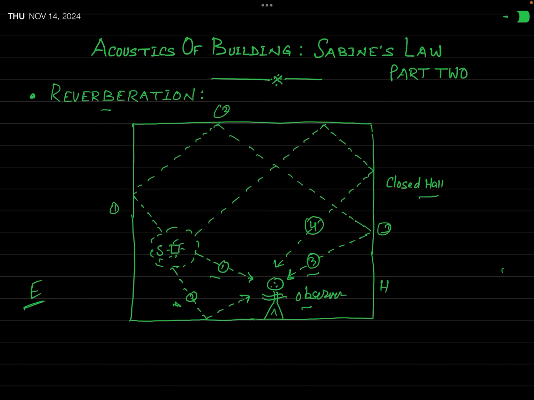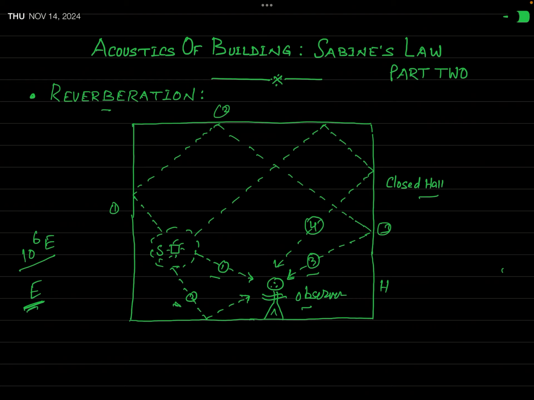So if the energy density in the room after removal of the source of sound falls to this audible value E from a value of 10^6 E, that is 1 million times greater, where E is the least value of energy density that will be audible, this is also called the threshold value of audible density.